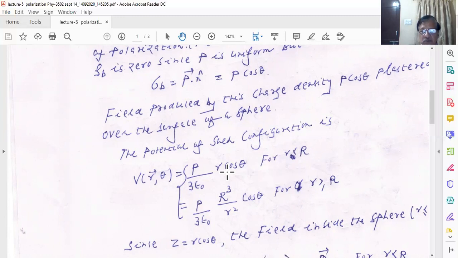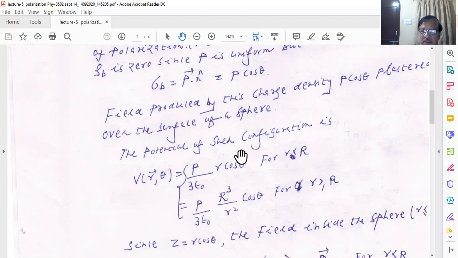So you have to use these expressions directly. There is no need to derive these two expressions. So I am writing these two expressions and I am using them for r less than capital R, that is inside the sphere, as well as outside the sphere.